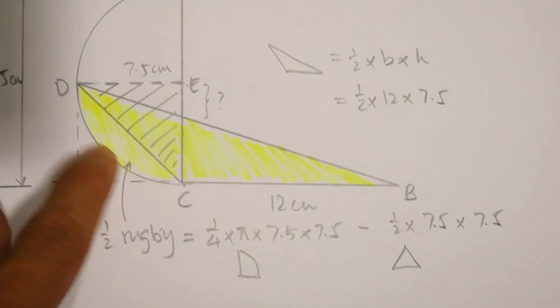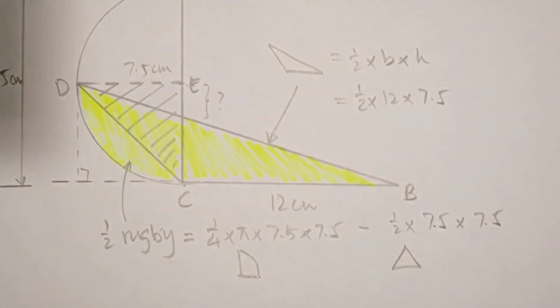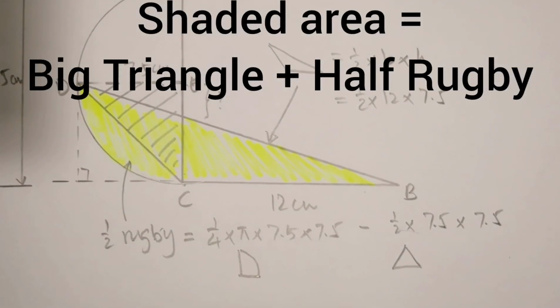Okay, so now we find this one. Then we add both of these together. We find the area of the shaded part.